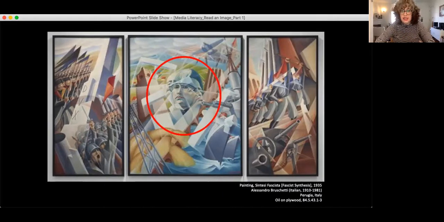This is Benito Mussolini. And you can see that he is looking to the left, to the center, and to the right. So you could say, well, he's looking in multiple directions. What is he seeing? Well, he could be looking at all sorts of things, but because we see also different time periods represented in this painting, old architecture, new architecture, old military, new military, he's looking from the past, the present, and the future.